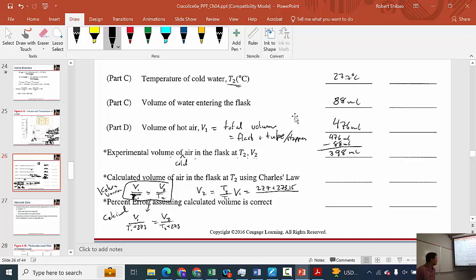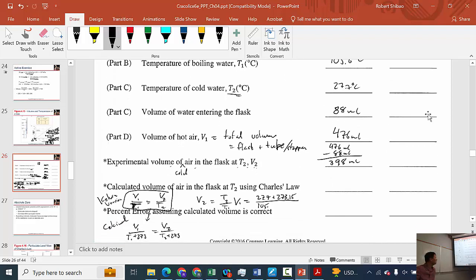Okay, and then T1 is the hot temperature, 105.6, did you say? 105.6 plus 273.15 times V1. And so this is what temperature up here.